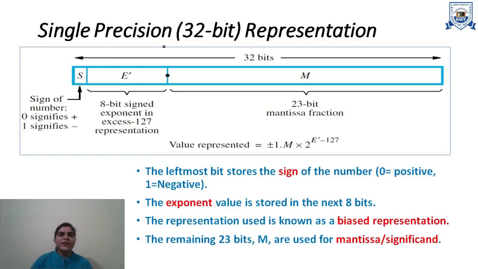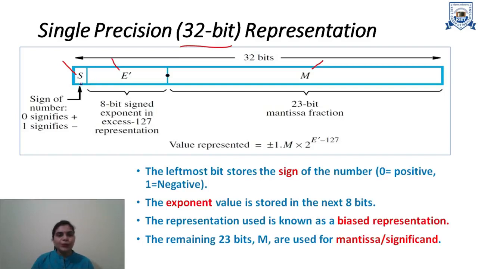In single precision, any floating point number is represented in 32 bits, and these 32 bits are divided into three parts. One is sign, second is biased exponent, third is mantissa.